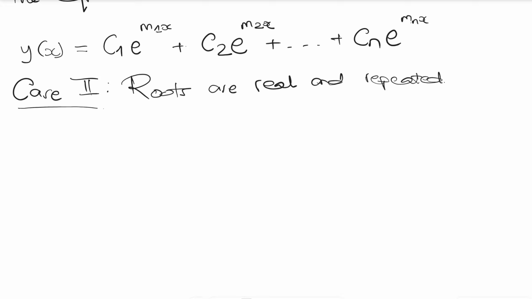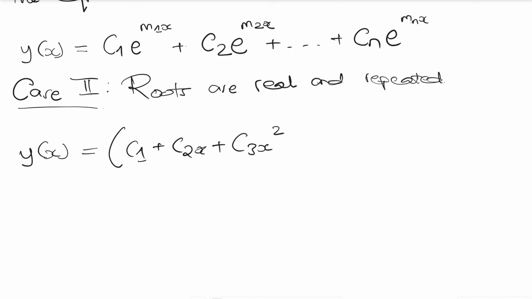The solution here will be c1 plus c2x plus c3x squared plus c4x cubed, times e power mx. This is the solution for case 2.